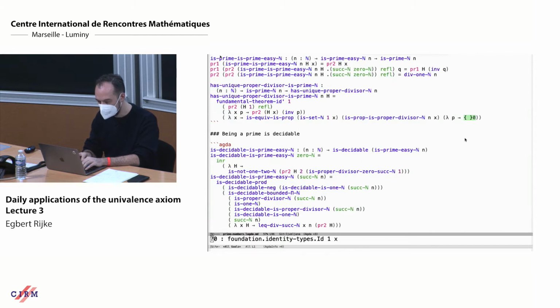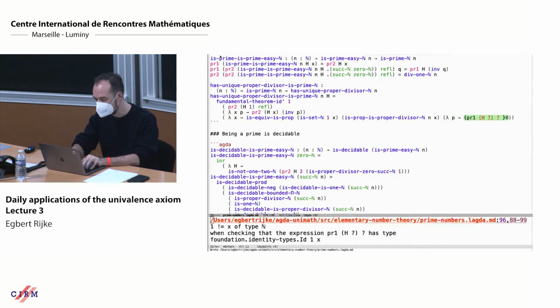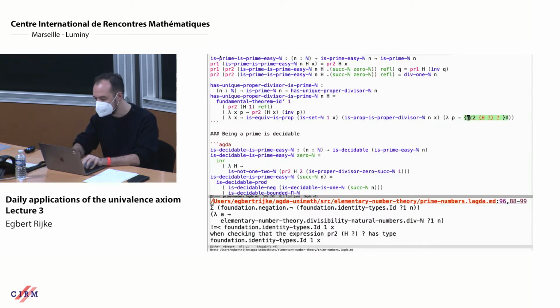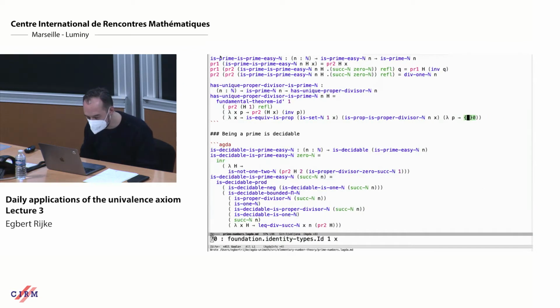I swear it is a PR1 of h of something, but Agda does not agree with me. Is it PR2? Oh. Okay. See, if you don't practice, then you have no idea what you're doing.